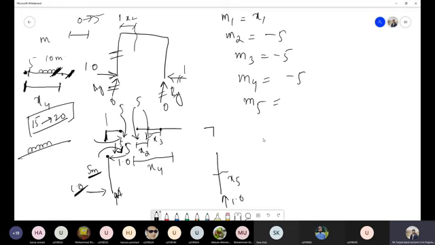Even if you go from this path, let's do that also. This was 1, 1, 1. So when you solve this, you will see that you will get a 0 moment at this point. It will cancel out somewhere over here.